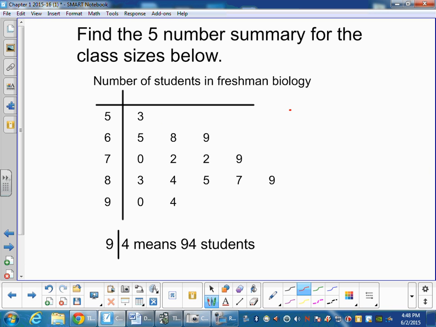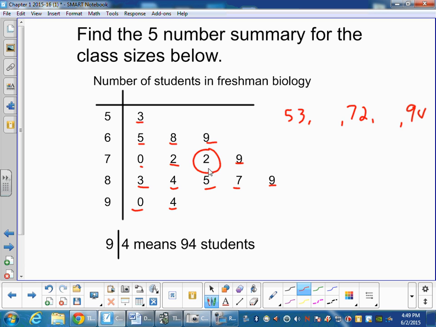Now if we want to write the 5-number summary below, what we have to do, we have a minimum of 53. You have a maximum of 94. We can cross them out to get to the middle. And now our middle is 72.